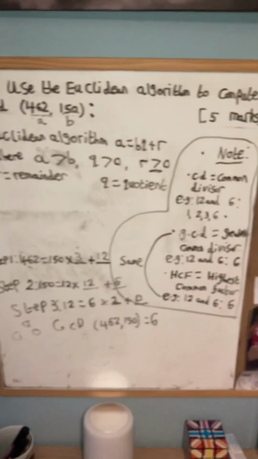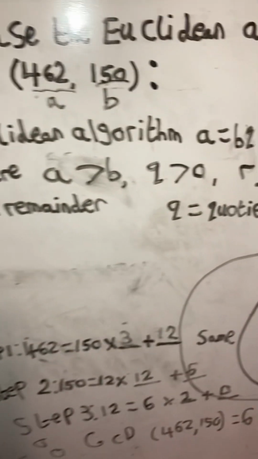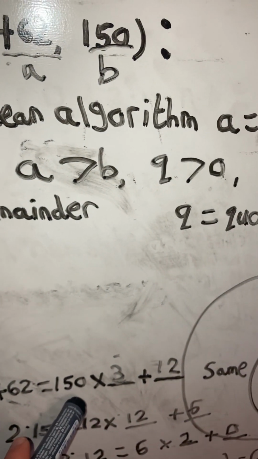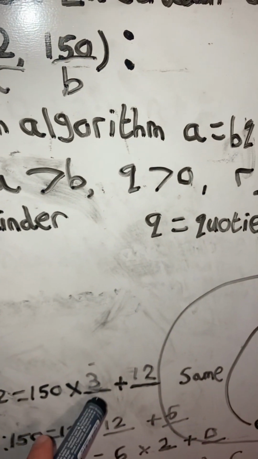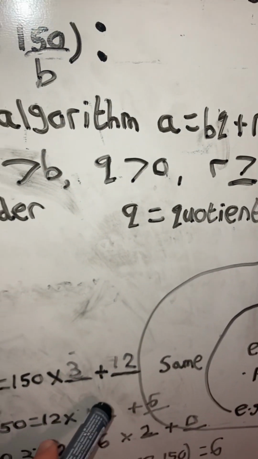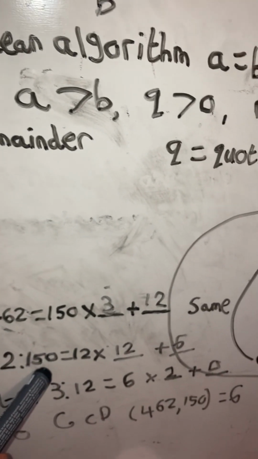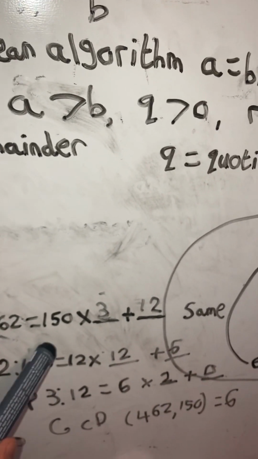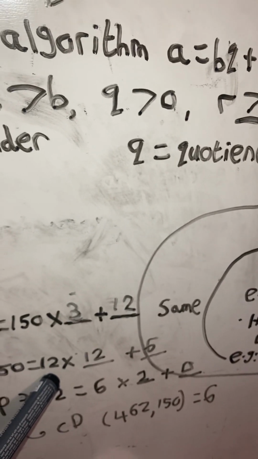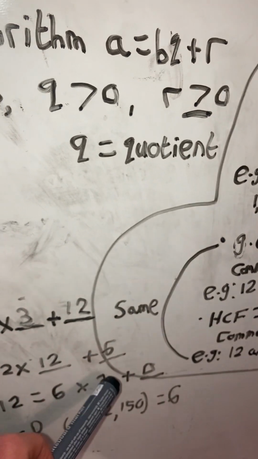So let's just recap what we did. We took A here and expressed it as some multiple of the other number multiplied by a quotient that will give you the smallest remainder. You did the same here, so this number turns here, and this times this plus this gives you your smallest remainder.